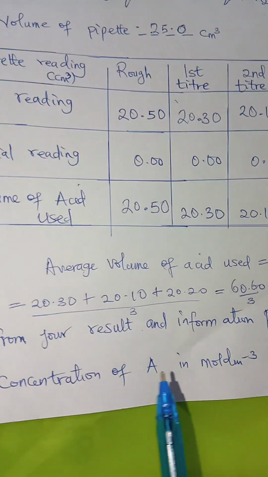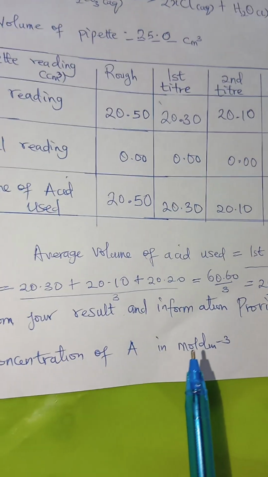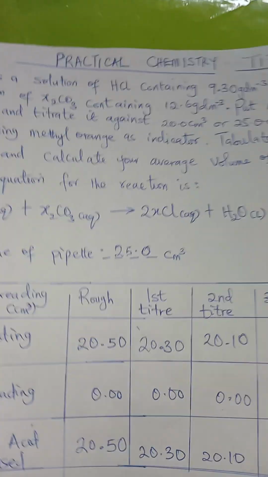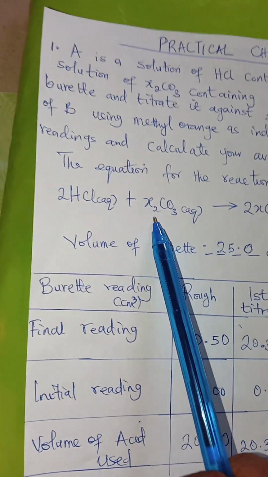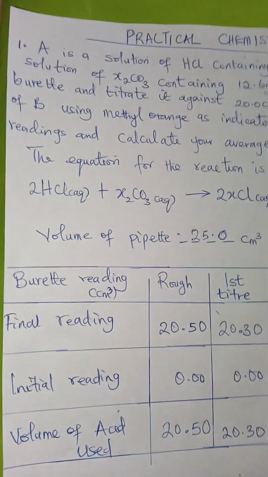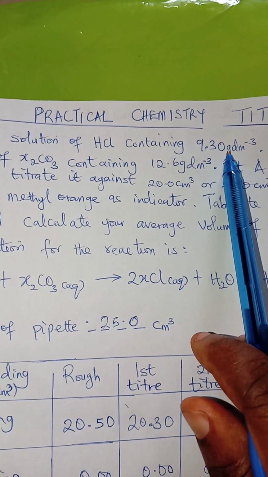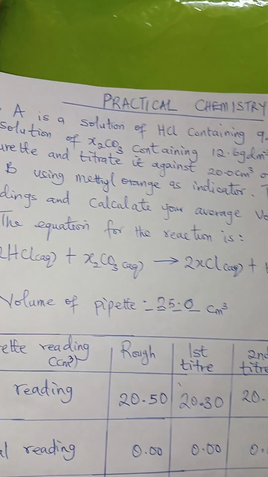Now it says, from your results and information provided, calculate the concentration of A in mole per dm cube. Please take note of this equation of reaction again. You can see that we have 2 moles of acid and 1 mole of the base. We're told that the acid contains 9.30 gram per dm cube and the base contains 12.66 gram per dm cube.